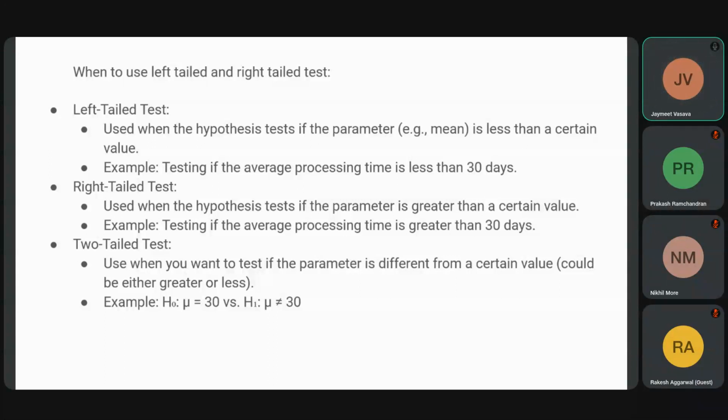But if there is a value that we don't know whether it's greater than or smaller than, at that time we can use the two tail test, and you can see by the null hypothesis and the alternative hypothesis, which states mean being equal to 30 and the alternative stating mean being not equal to 30.